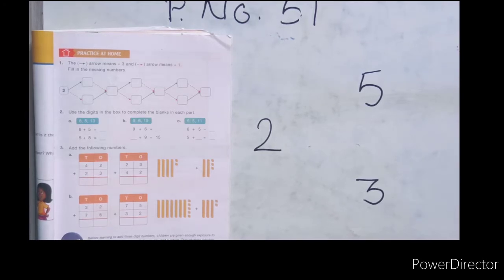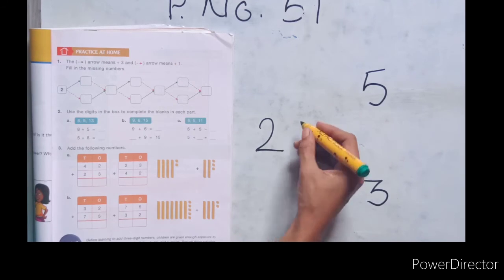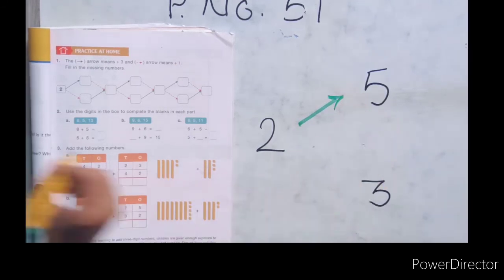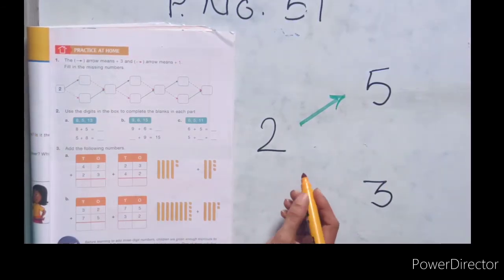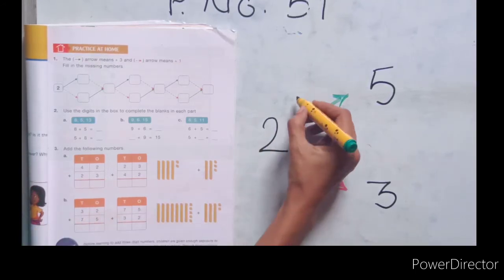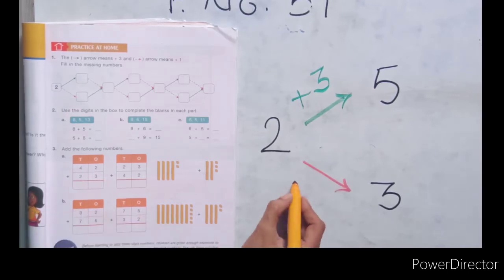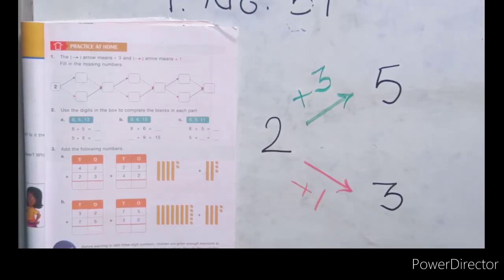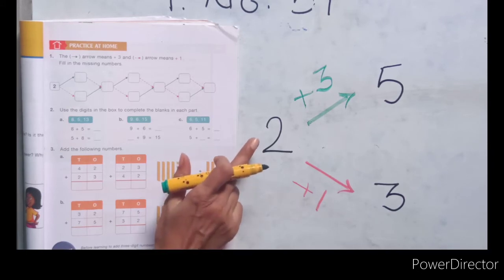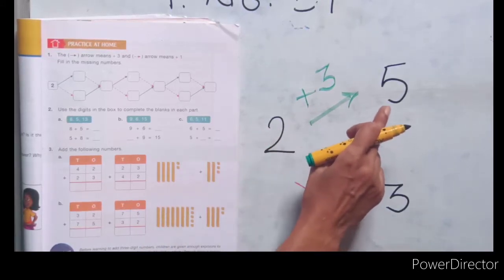See here, here is a green arrow, here is a red arrow. Green arrow means plus 3 and red arrow means plus 1. So what did we do? We added this 3 to this 2 and the answer is 5.